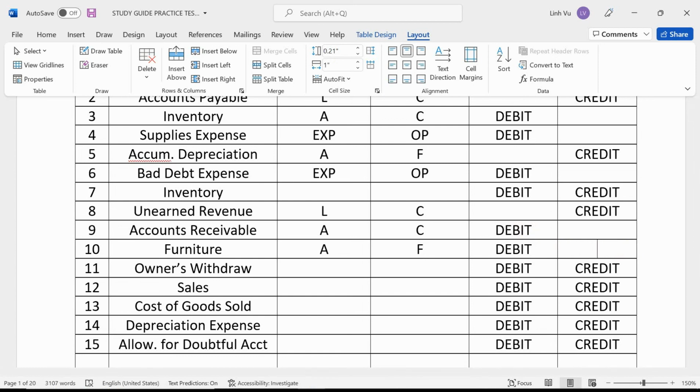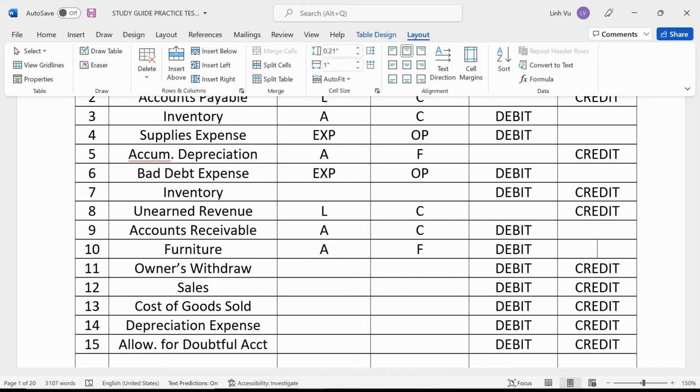Okay, what about owner's withdrawal? Asset. No, this is owner's withdrawal. You don't own your withdrawals. Liability. You don't owe your withdrawals either. Expense.